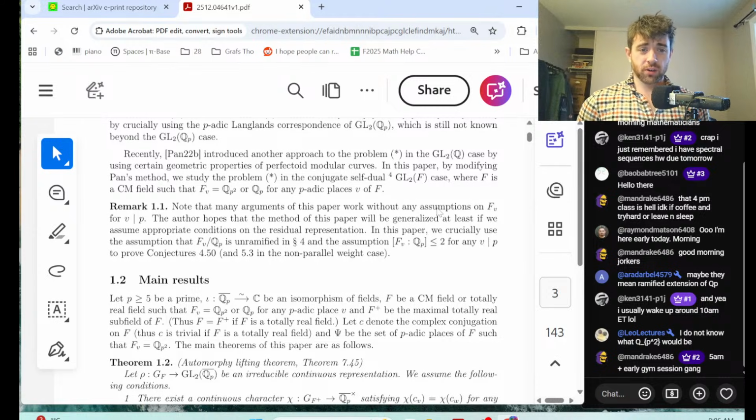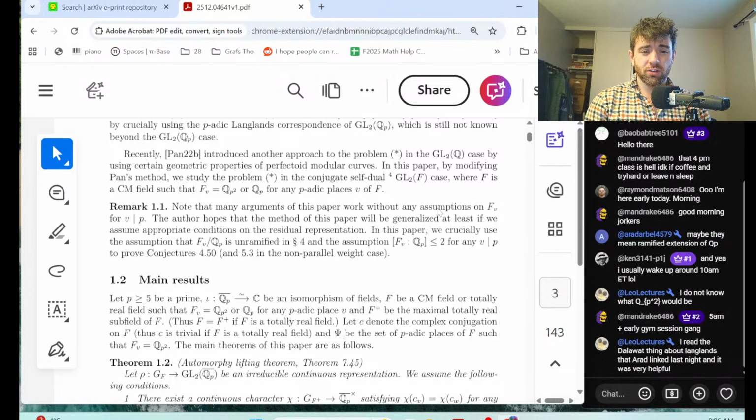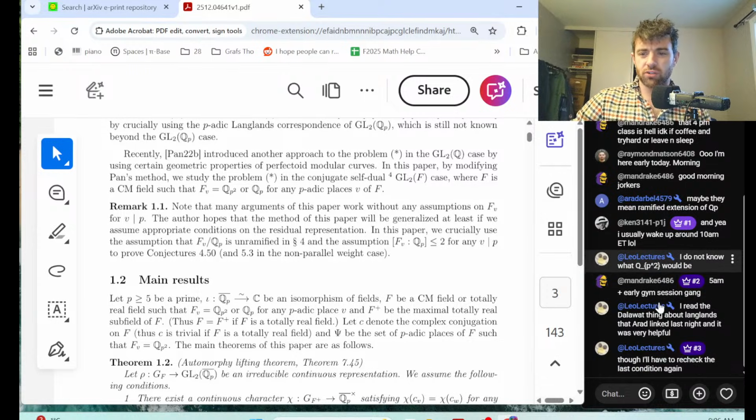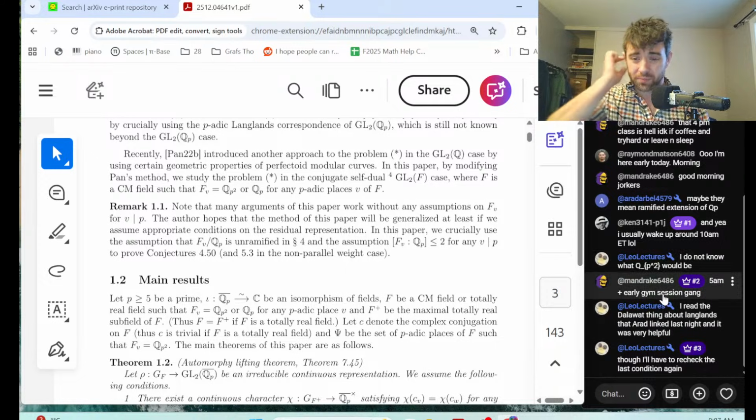In this paper, by modifying Pan's method, we study the problem in the conjugate case, where F is a CM field such that... Yeah, I still don't get it. What does this mean? I mean, you could literally take the p squared adics. They're just not a field. But is that really what they're doing?